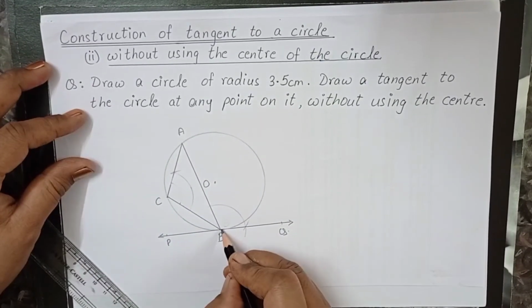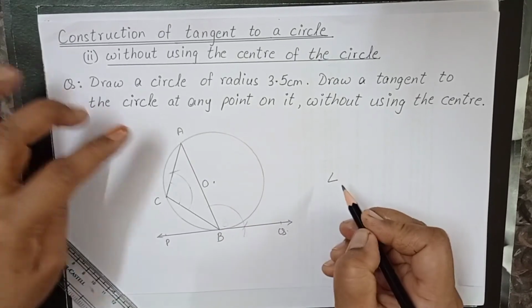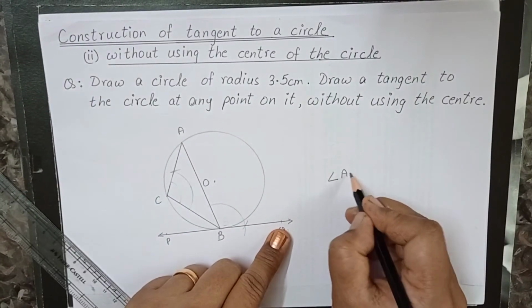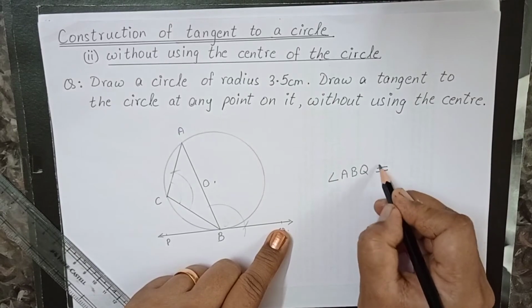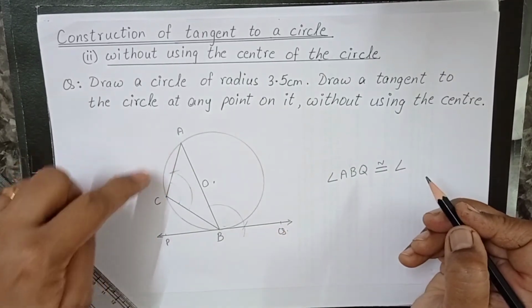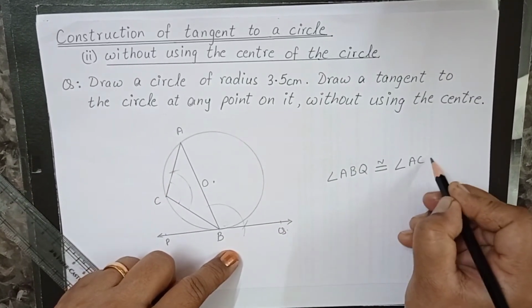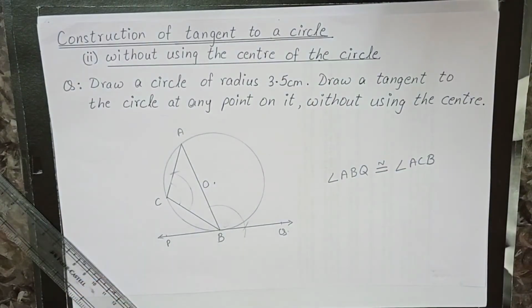Okay. So this angle ABQ is congruent to angle ACB, by the tangent secant theorem. So this is how you draw the tangent to a circle without using the center of the circle.